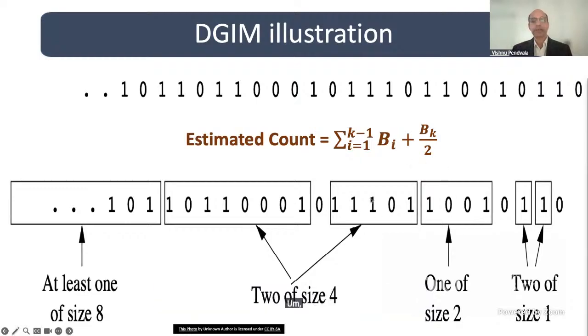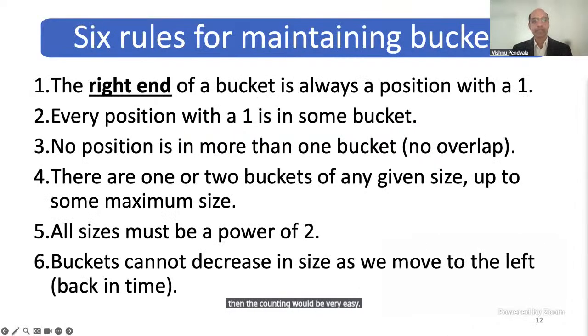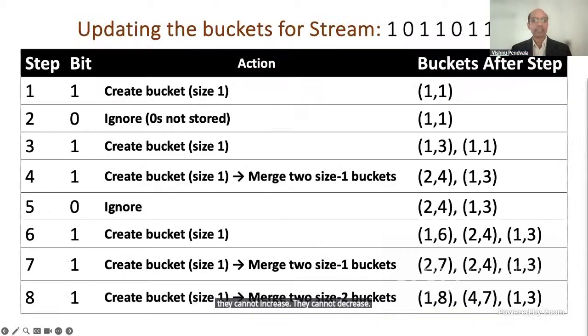If it's a power of 2, then the counting would be very easy. And buckets cannot decrease in size as we move to the left. So as we move back in time, the buckets should only increase. They cannot decrease. So those are the 6 rules.